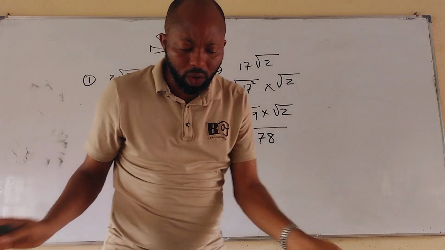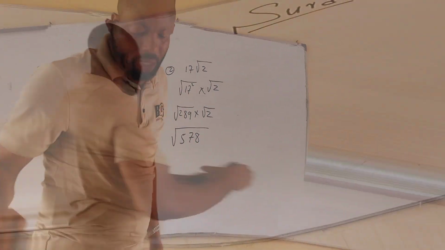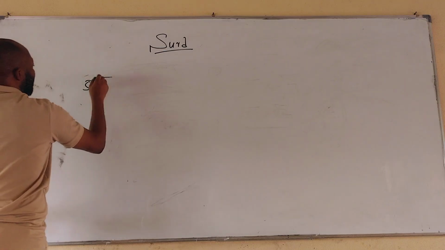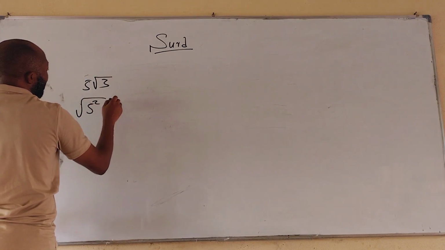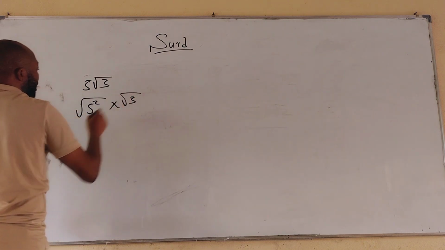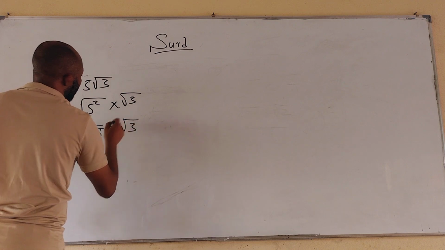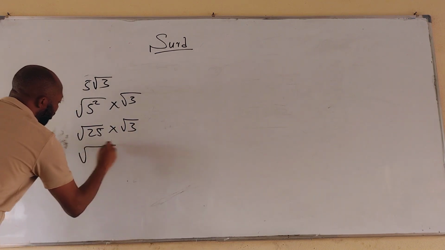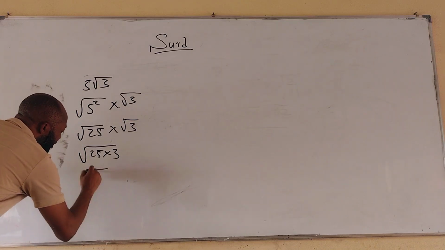Maybe we should take one or two other examples. I have 5 root 3, which is the same thing as root of 5 squared times root 3. And this is the root of 25 times root 3. And this is the root of 25 times 3, which is the root of 75.